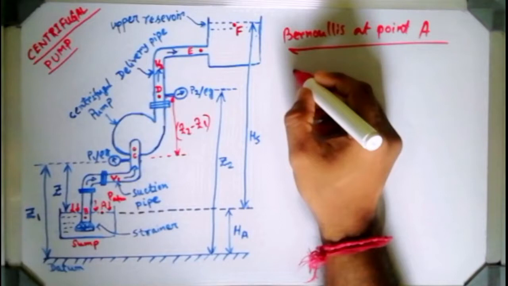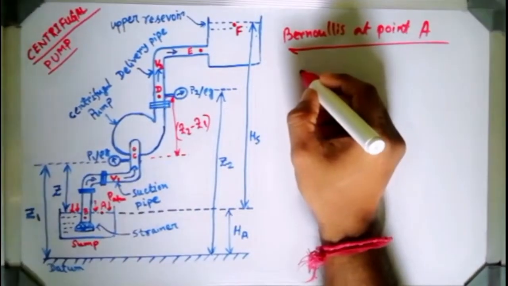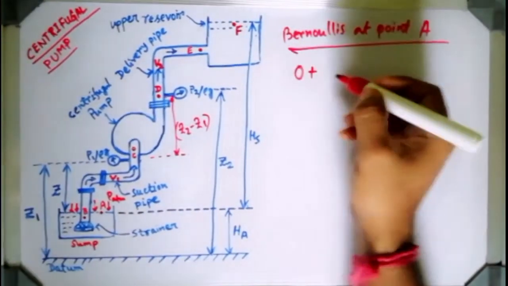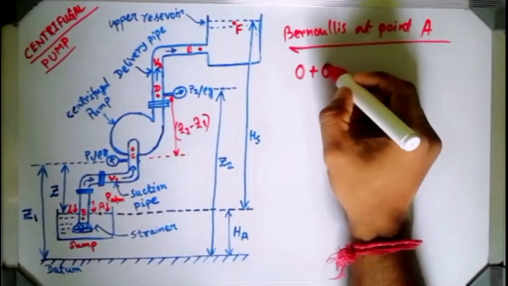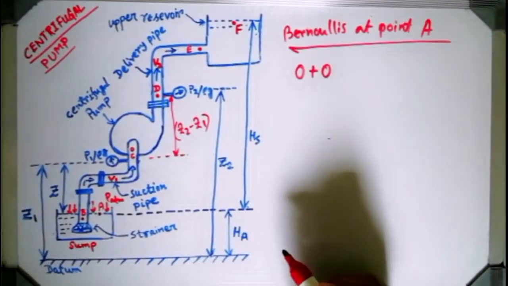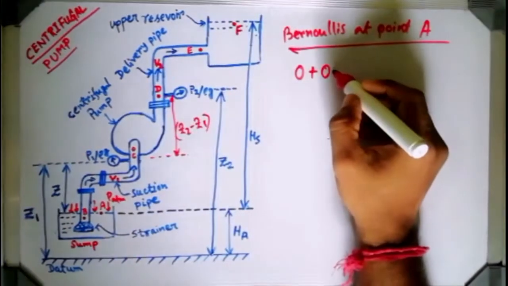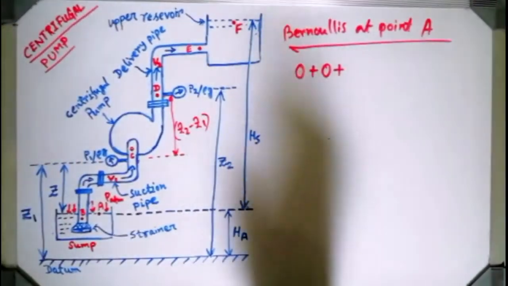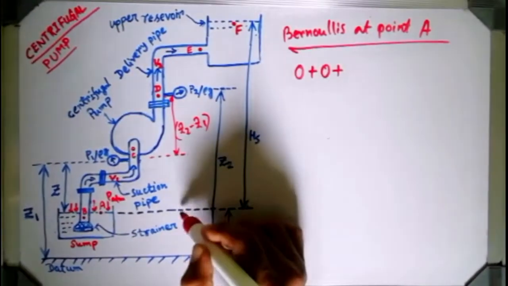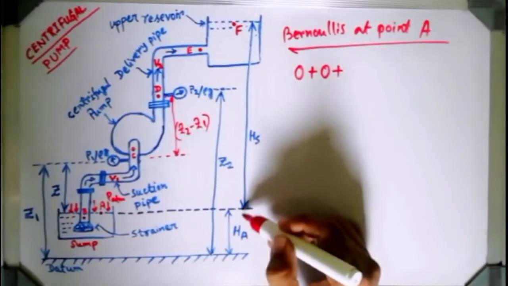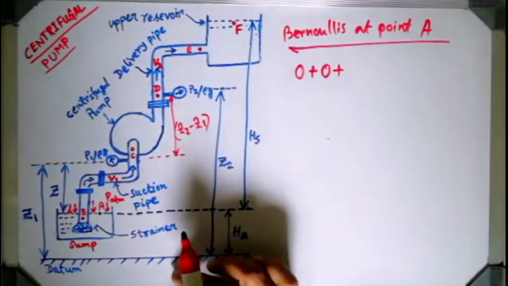Then if I write the Bernoulli's equation, the pressure head will be zero. Obviously it is a static fluid, so the velocity head will also be zero, because the velocity is static, very negligible, or you can consider it zero. And the head which is available, which I have written as HA, is the head from the datum surface.